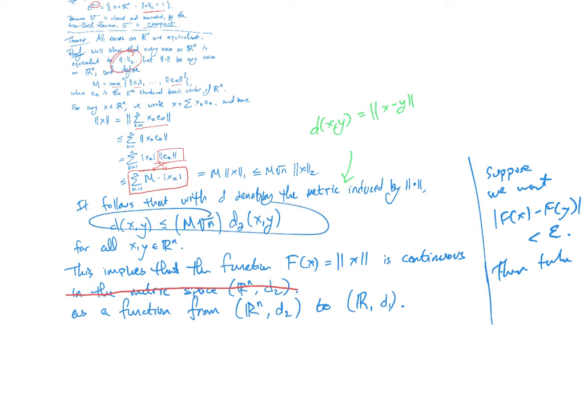This is showing us what we need to do. We need to take the d2 distance between x and y to be less than epsilon over M square root of n.